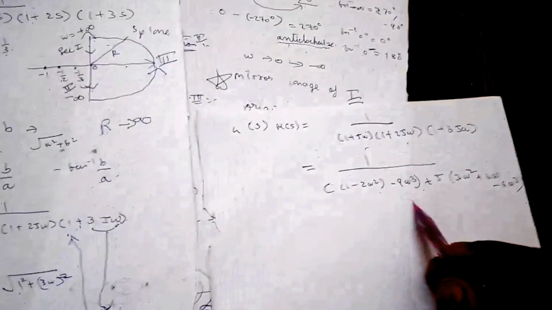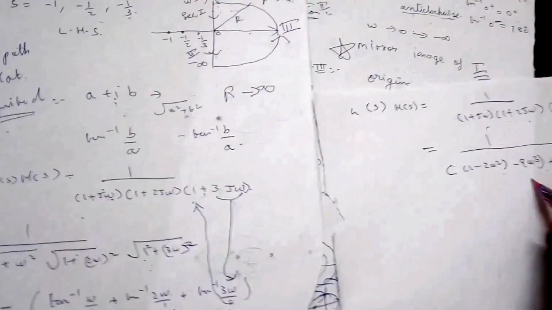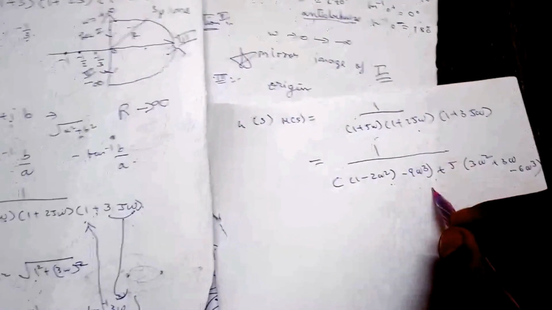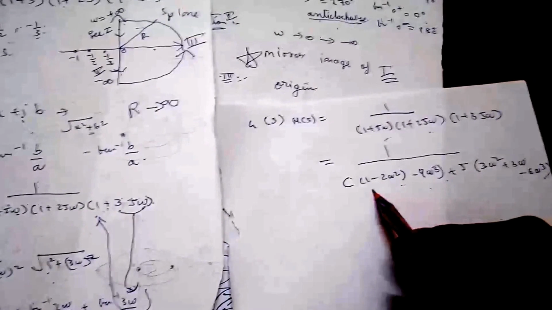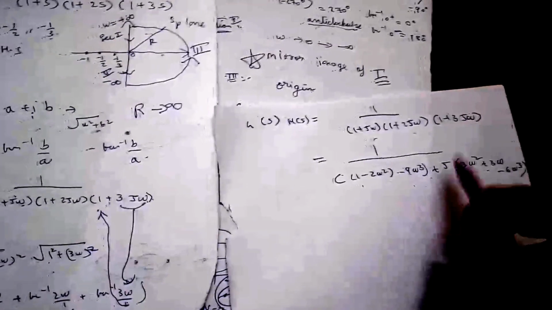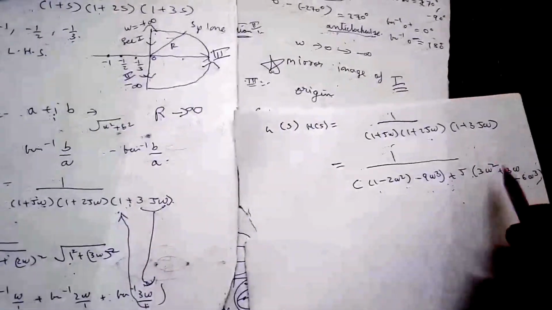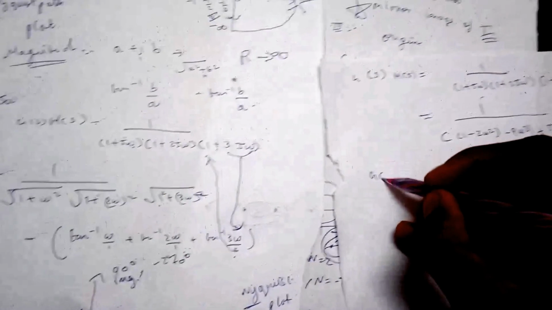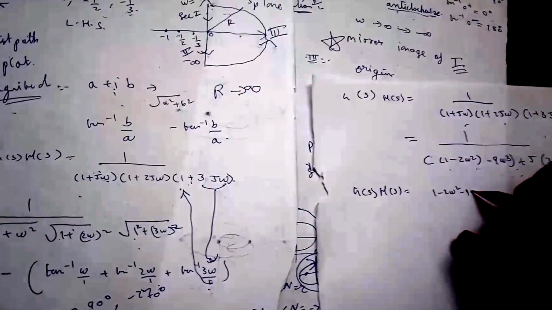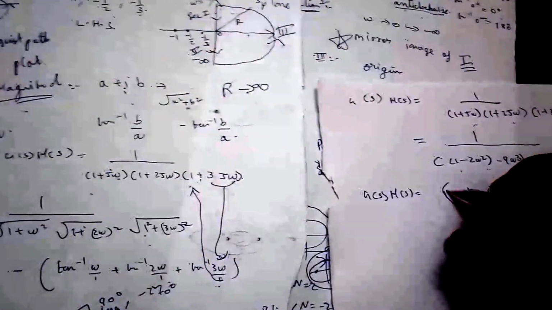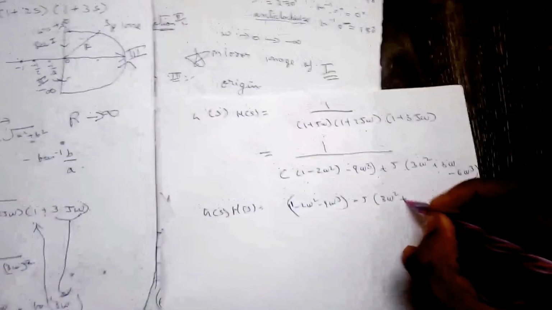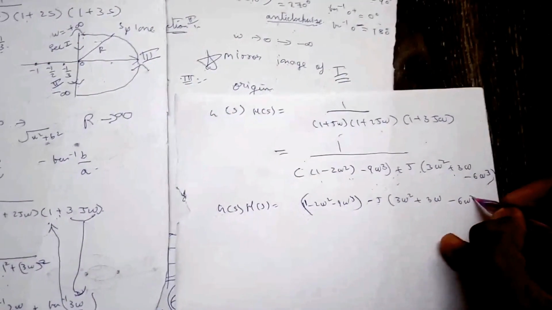So this is what I obtained after multiplying all these things. Here we cannot have a complex number in the denominator. After multiplying with the conjugate on the numerator and denominator side, the conjugate of this is nothing but the real part minus j into imaginary part. So just replacing plus by minus here, we get the conjugate, and by multiplying with that conjugate on numerator and denominator, we get G(s)H(s) equal to 1 minus 2 omega square minus 9 omega cube minus j into (3 omega square plus 3 omega minus 6 omega cube).